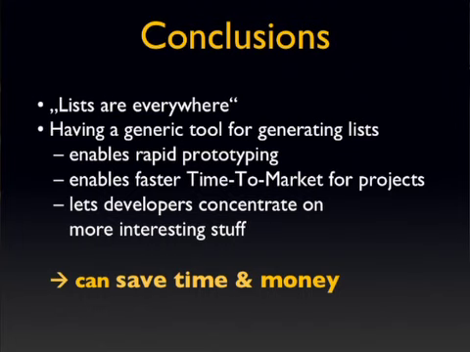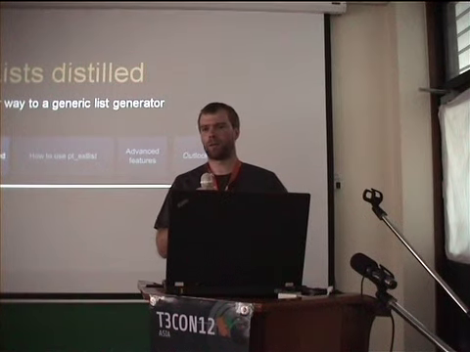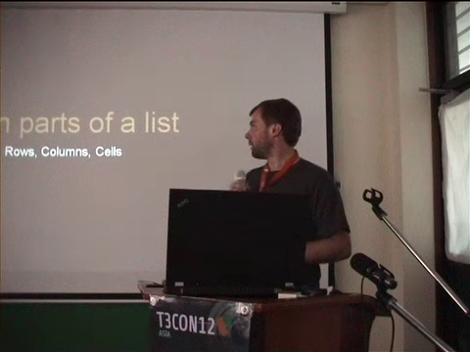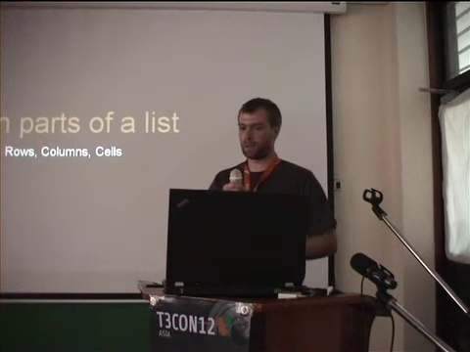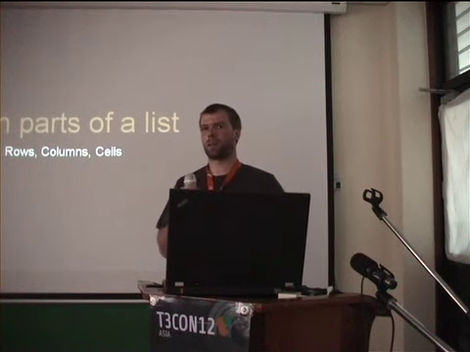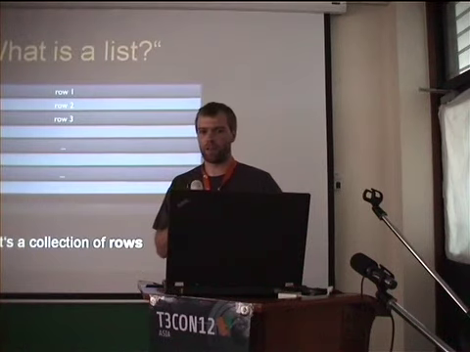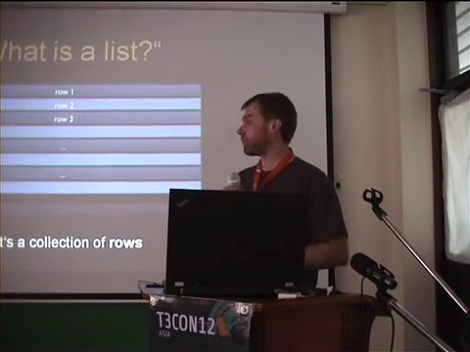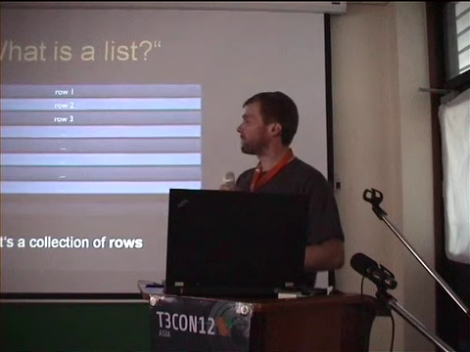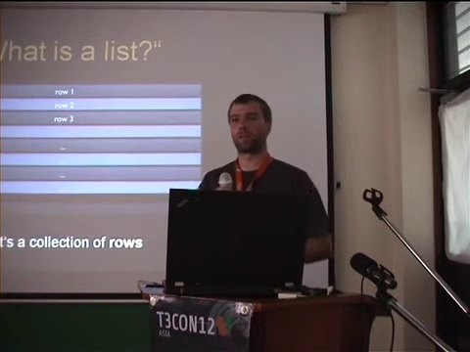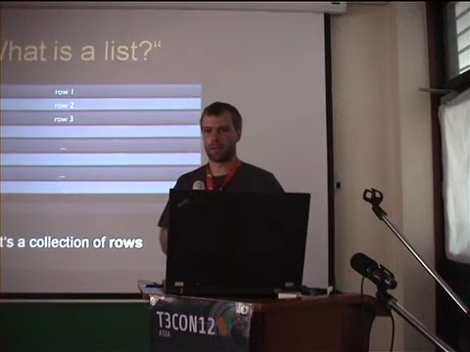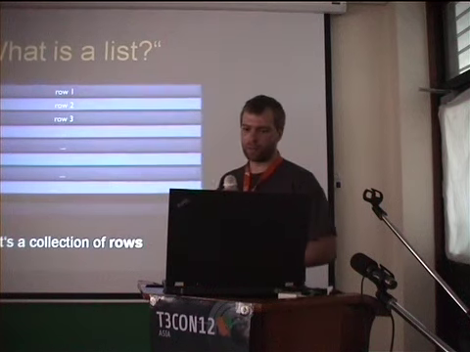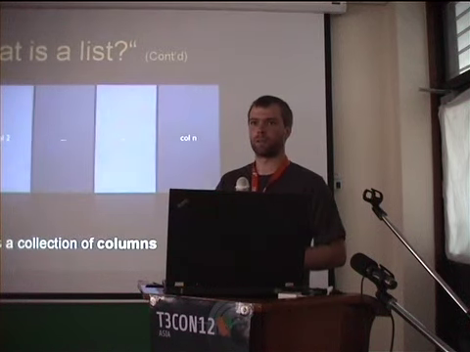If you look at the main parts of lists, then you will find out that it's always about the same. We will present you the parts that we thought are essential for every list. First of all, if you look at the list in a very abstract way, it's basically a collection of rows you want to present to the user. And sometimes you have not only rows, but you have columns.